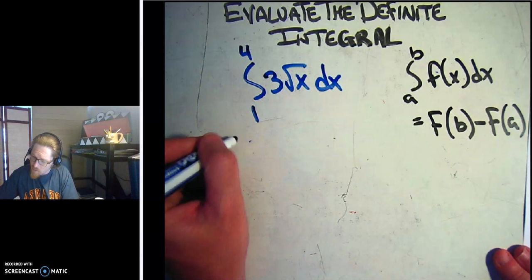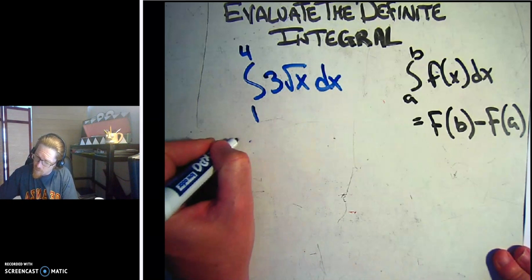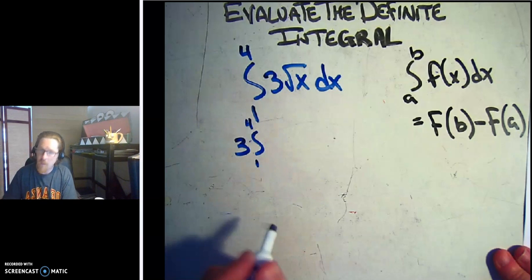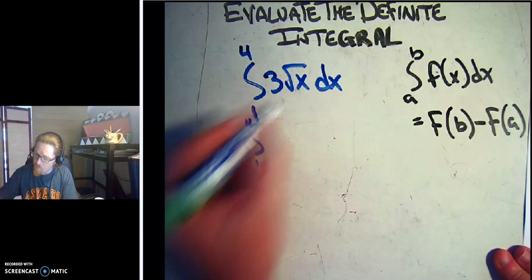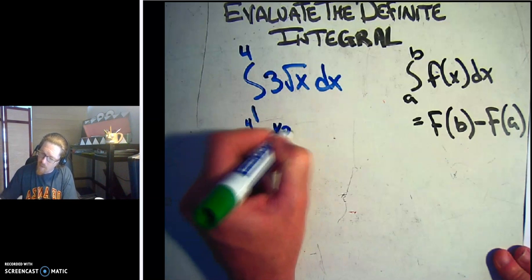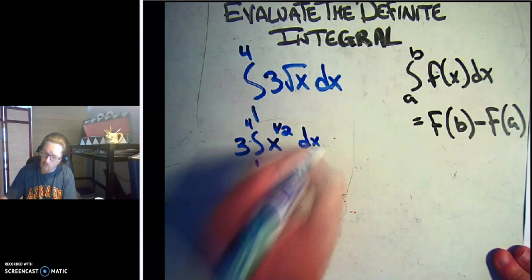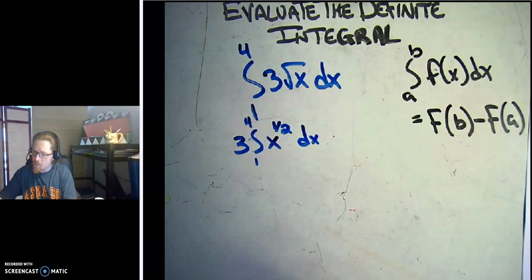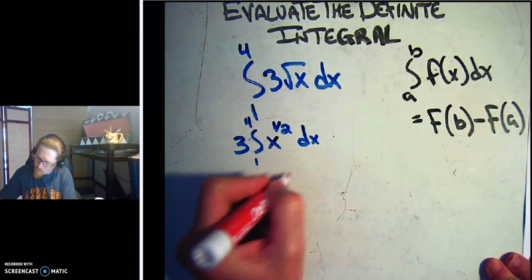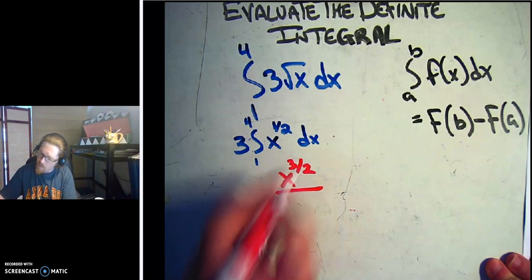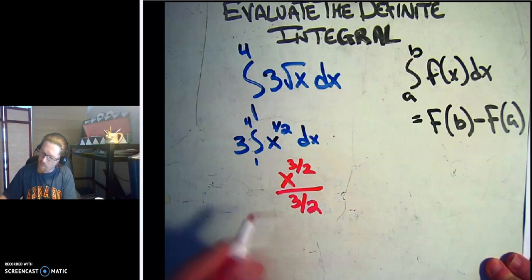Now our process really will be to rewrite this. Because 3 is a constant multiplier, I can pull it out of the integration, and the square root of x, I'd rather think of this as x to the 1/2 power dx, because then I can apply my power rule. The power rule is we're going to add 1 to our exponent, so that's going to give us 3/2, and then we divide by 3/2 as well.